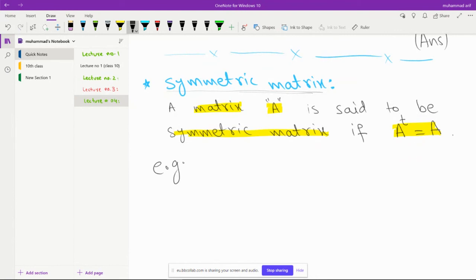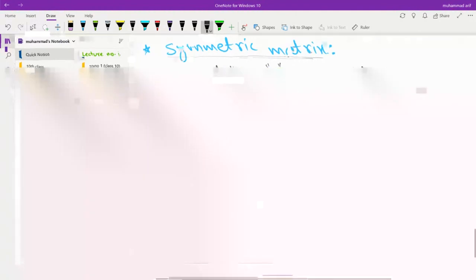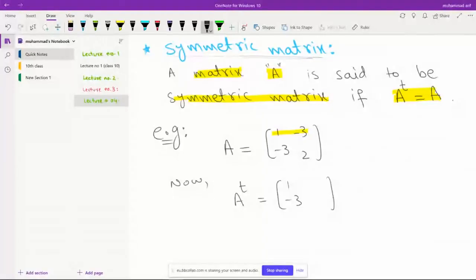For example, here we consider a matrix A which is equal to 1, 2, -3, -3. Now taking transpose on both sides, A transpose is equal to. In transpose, what we will do? Rows are written in the form of columns. 1, -3 row is written in form of column.